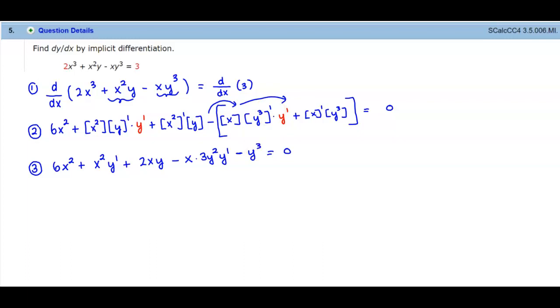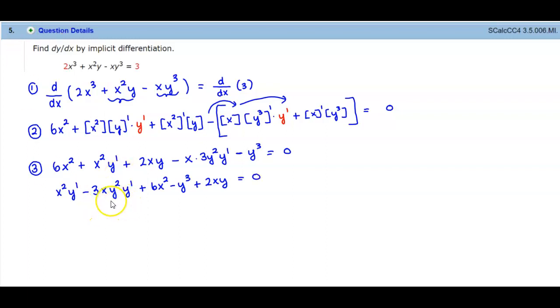So let's go ahead and combine all the y primes together on one side. So we have x squared y prime minus 3x y squared times y prime, plus 6x squared minus y cubed plus 2xy, and that's equal to 0.